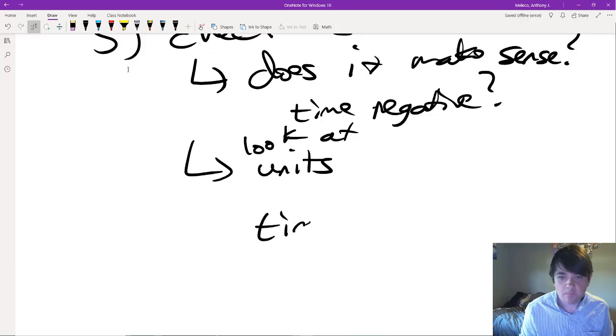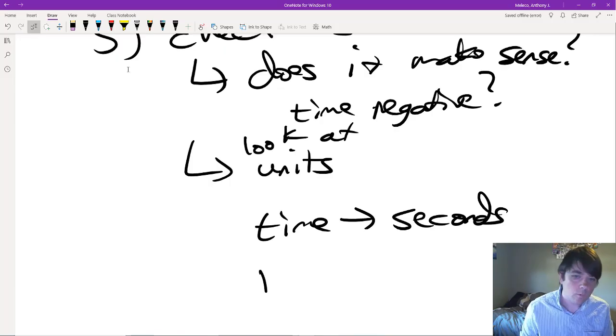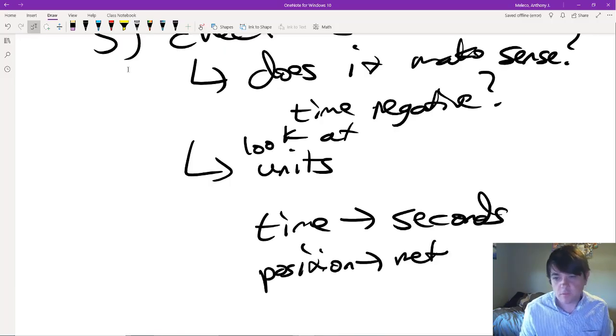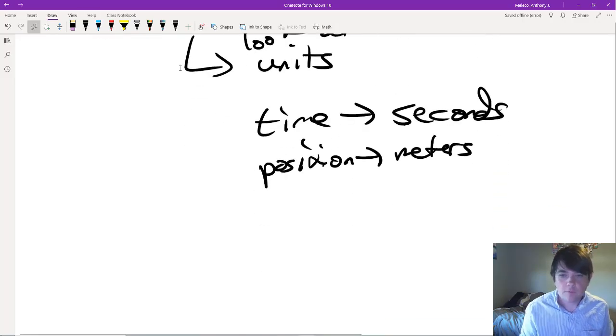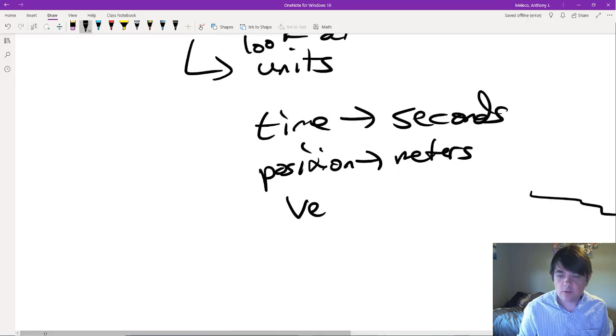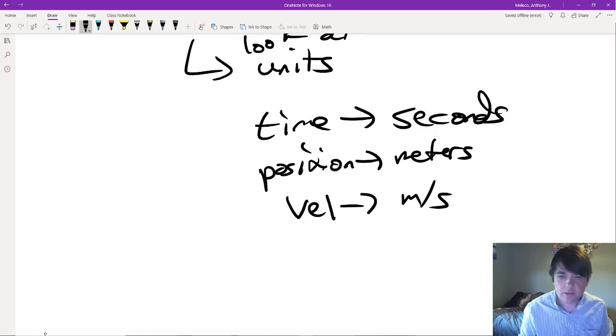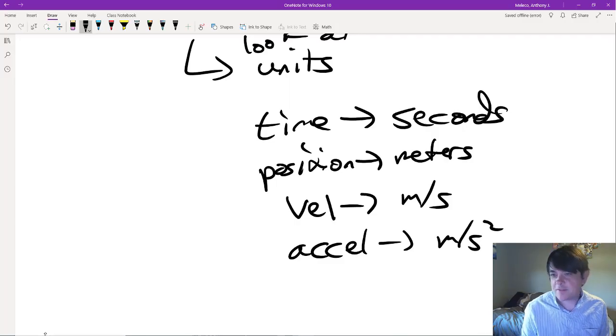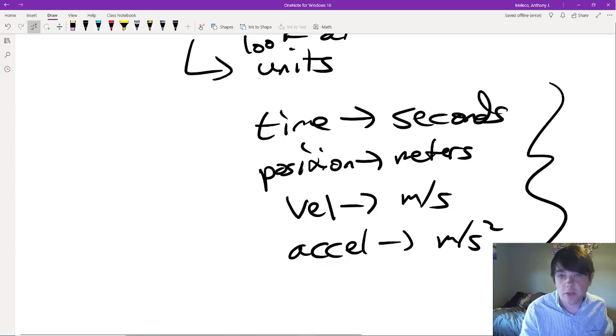For example, time needs to be in seconds. Position, typically in meters. Velocity, meters per second. Acceleration, meters per second squared. So if I don't have these units at the end, I know I messed up somewhere along the way. And that's another way to check, okay?